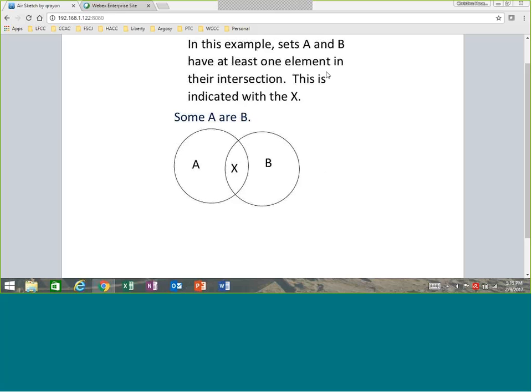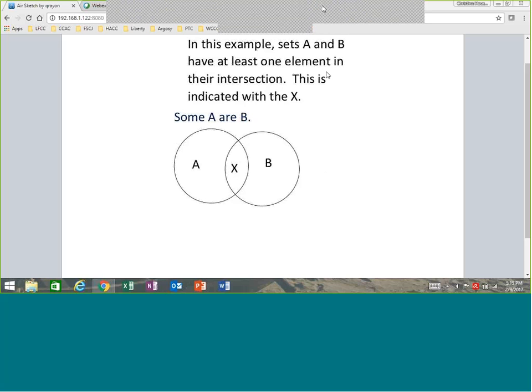Okay, in this example, sets A and B have at least one element in their intersection. Whenever you have at least one there, we use the X to indicate that, saying that there it is, right there. The intersection is not empty. There is something in the overlap between sets A and B, and that's the idea of "some A are B."